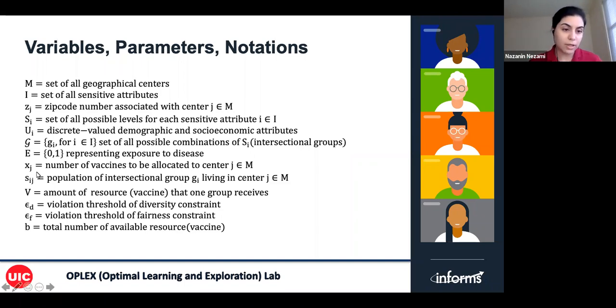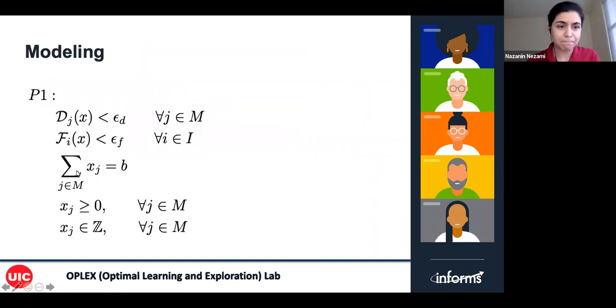So we also have E. E is a binary variable, so it's going to be 1 if the person was exposed to the virus and 0 otherwise. Also, x_j represents our decision variable, which is the number of vaccines to be allocated to center j. S_ij is just the population of group i in center j, and we also have some parameters.